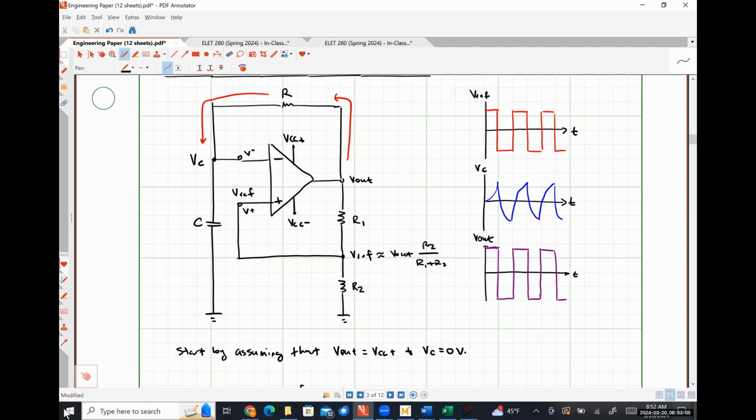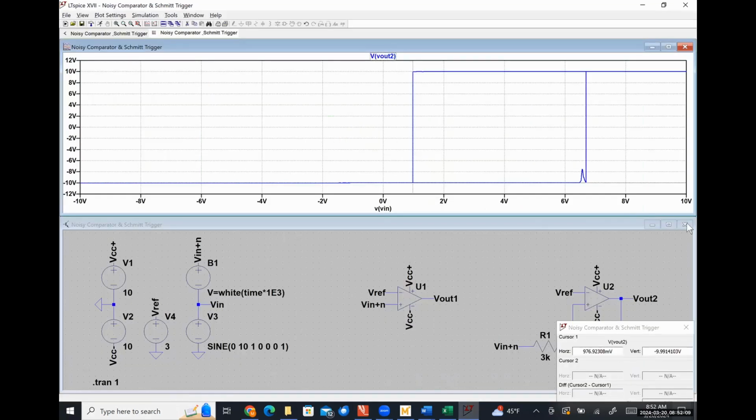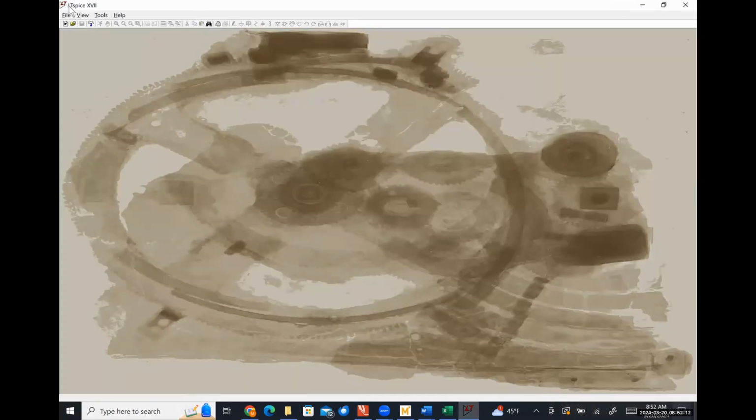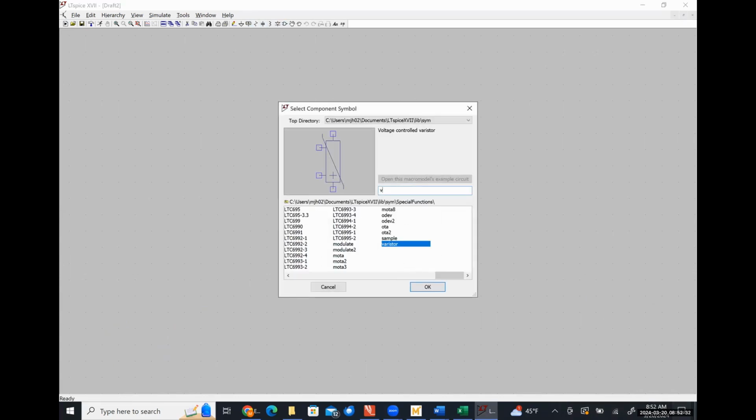So let's implement this circuit into LTSpice. I don't think I have a saved version of this, so I'll have to do it myself. I'm just going to make up numbers here, which means we're going to have to find what an appropriate time for our simulation will be. But let's start by putting in our supply voltages.